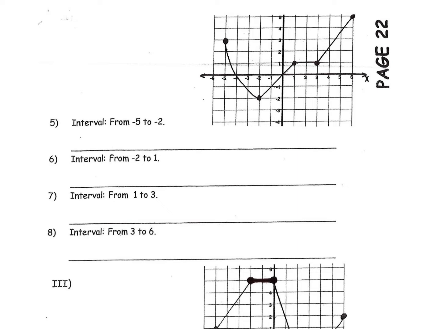So let's start at the interval from -5 to -2, from here to here. We can see, starting at -5, it decreases and curves, so it's non-linear. Remember, non-linear means not a line.